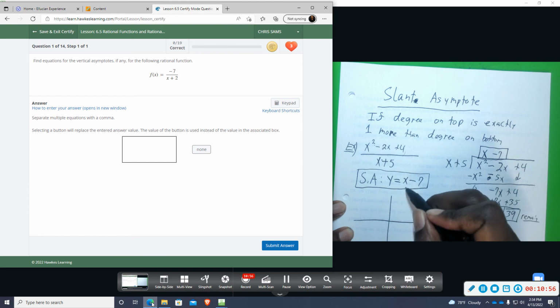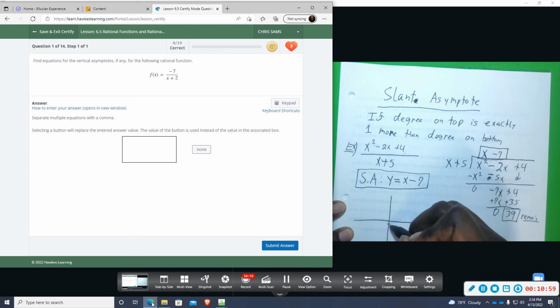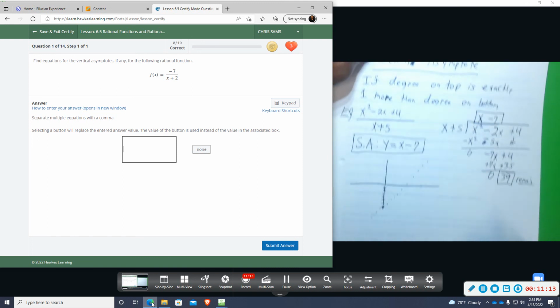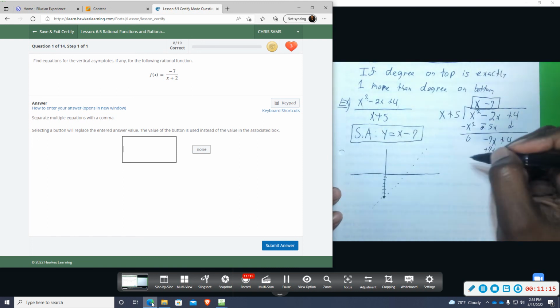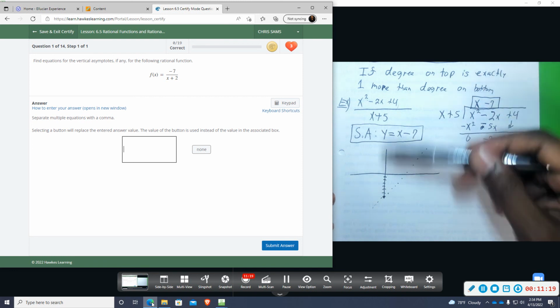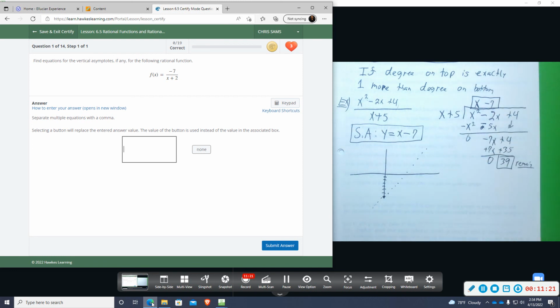So it would be, if I go down 7, 1, 2, 3, 4, 5, 6, 7, and then up one, right one, up one, right one. So it'd be like a dotted line or imaginary line that the graph would not cross at a slant. And then with your horizontal asymptotes, there will be horizontal lines at y equals whatever that number is.